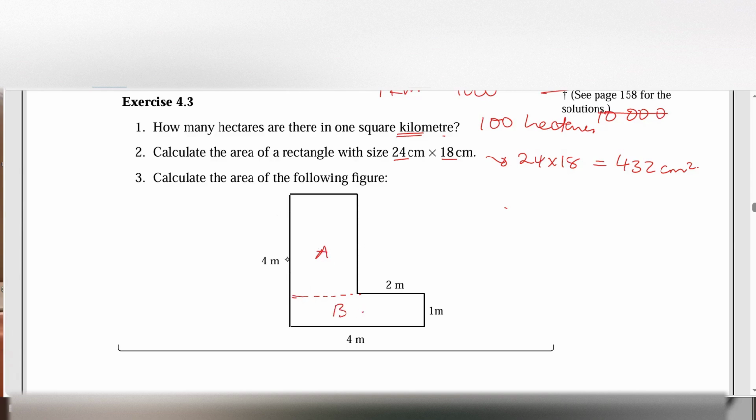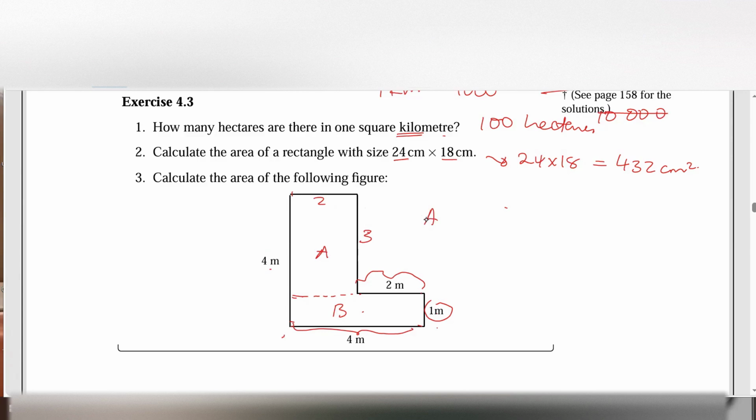So with shape A, if the total distance here is 4, but this is a 2, meaning that this must be a 2 to make it complete. If this is a 1, but then the whole of this is a 4, meaning that this is going to be a 3. So that 3 plus 1 becomes a 4.